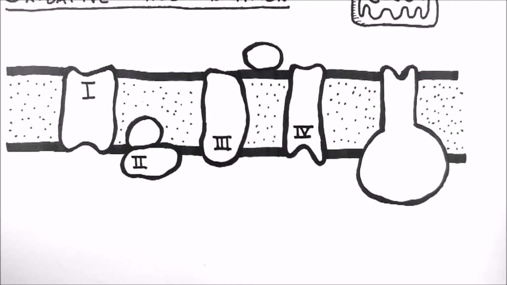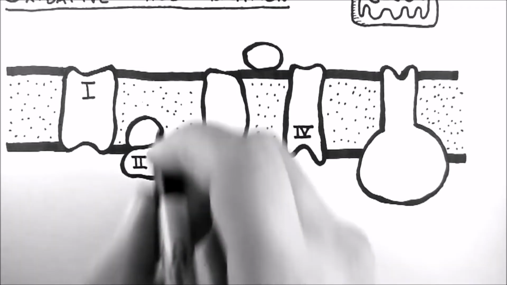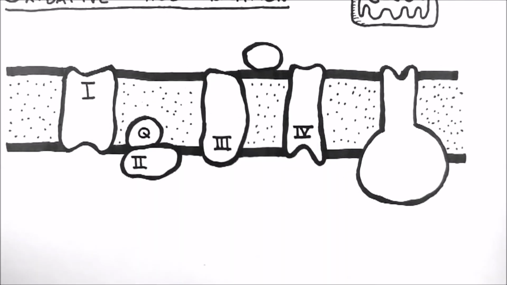These are the major protein complexes of the electron transport chain. The other factors involved in the electron transport chain are coenzyme Q10 and the cytochrome C complex.